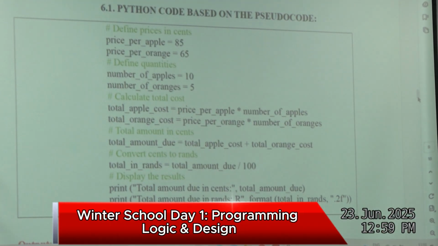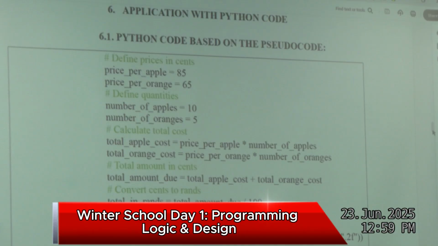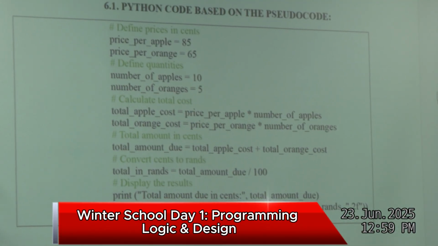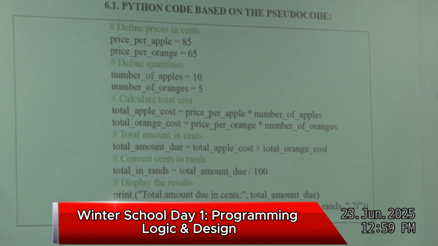Data received: we are defining the price of apples at 85 rand, and the price of oranges at 65 cents. You may see the second comment I said define quantities. I'm defining the quantities of each product. Then I said, number of apples assigned to 10, number of oranges assigned to 5.